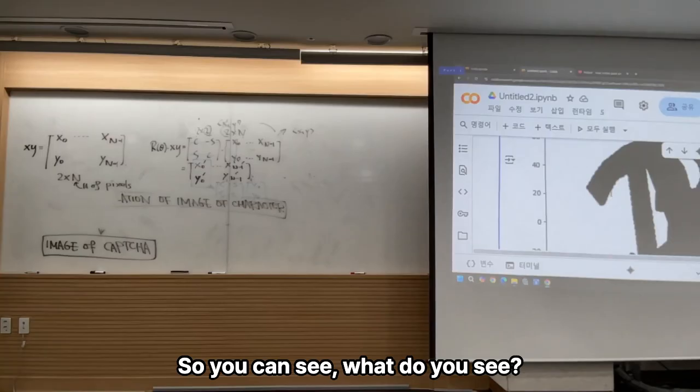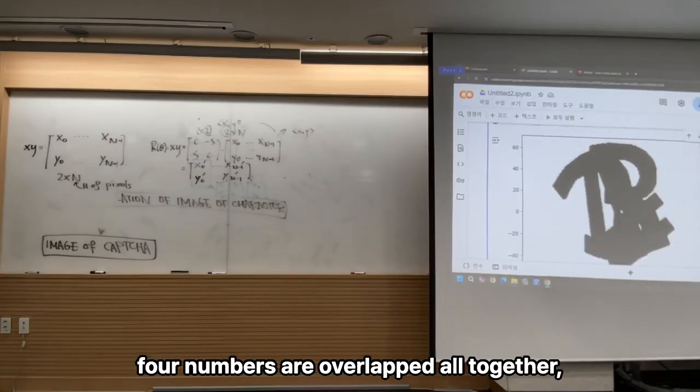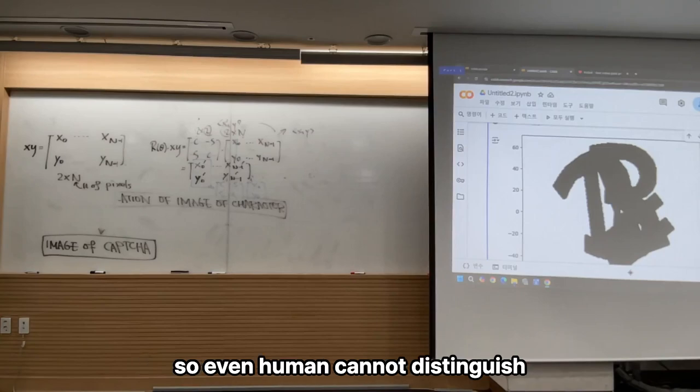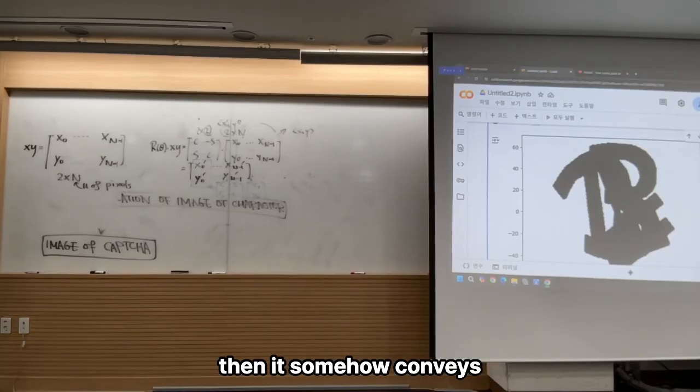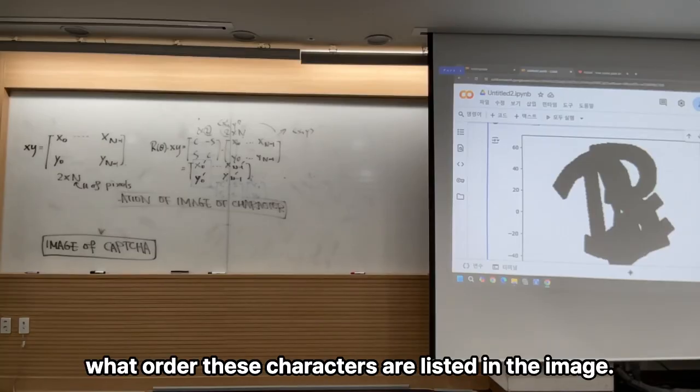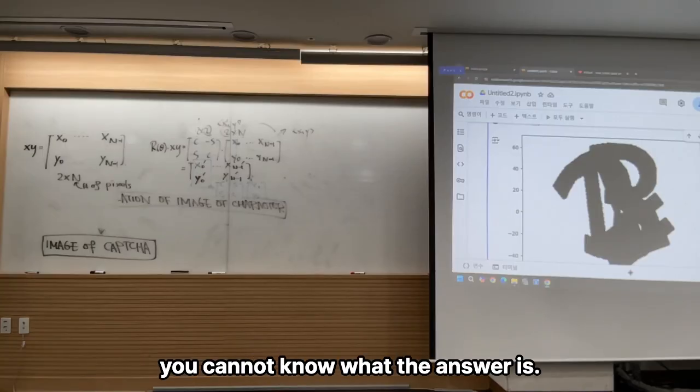So you can see, what do you see? 1, 2, 3, 4, four numbers are overlapped all together. So even a human cannot distinguish what the number is, and you don't have an order, because if you type in a number, it conveys what order the characters are listed in the image. This one, you cannot know what the answer is.